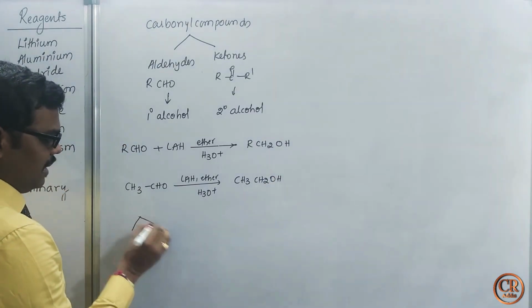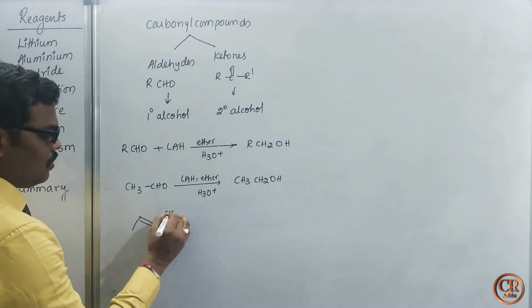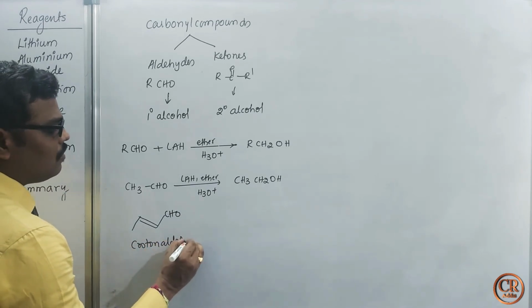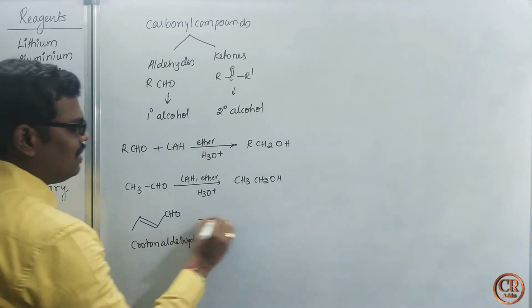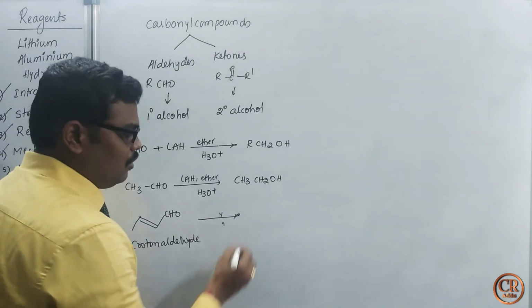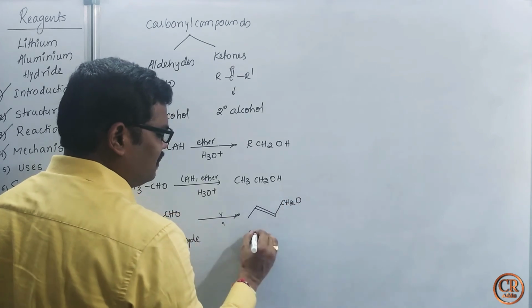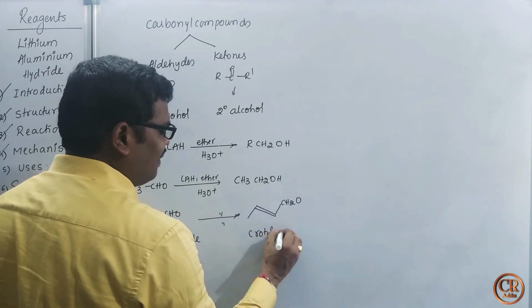If you take another example, this is crotonaldehyde. When this crotonaldehyde reacts with lithium aluminum hydride in ether followed by acid hydrolysis gives crotyl alcohol.